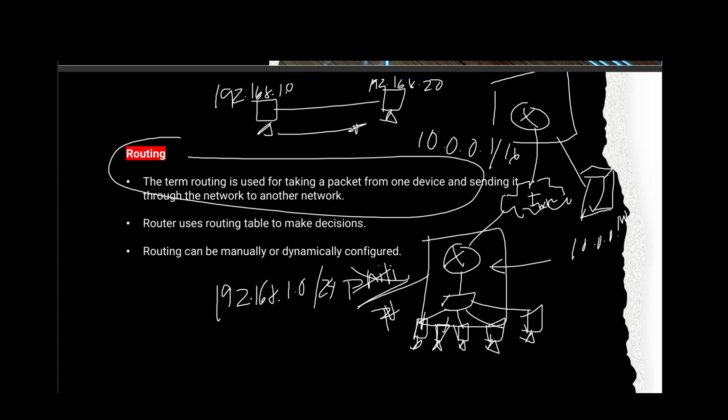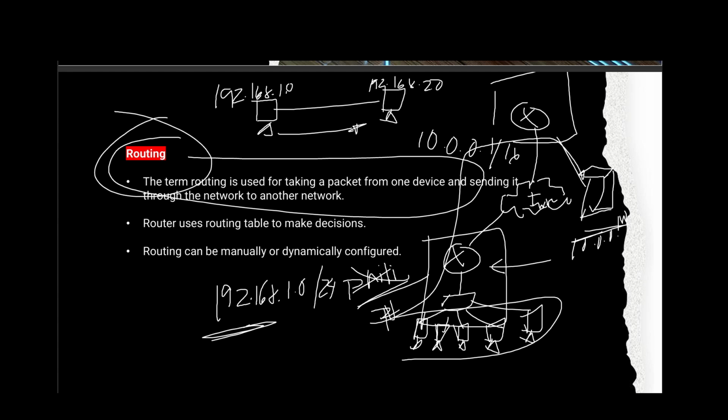So in order for people here to work, they need to connect to that server, and the only way for us to connect this network to this server would be through routing.